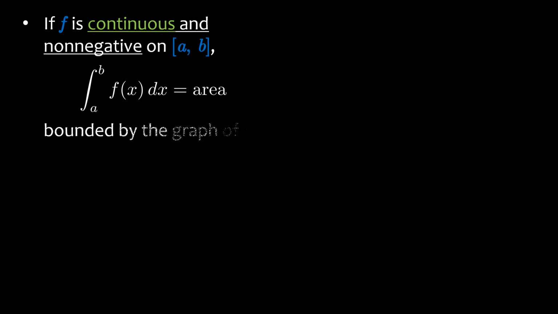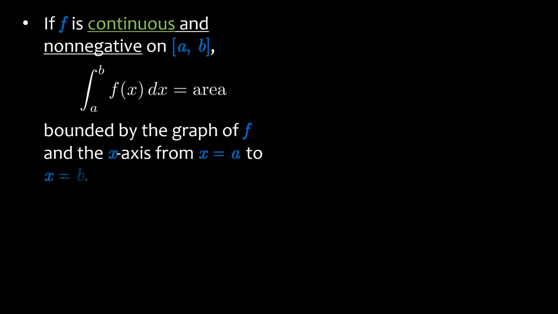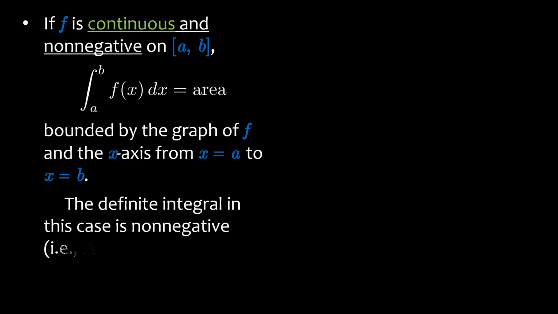Meanwhile, if f is continuous and non-negative on a, b, the definite integral represents the area A of the plane region bounded by the graph of f and the x-axis from x equals a to x equals b. The definite integral in this case is non-negative, in other words, A is greater than or equal to 0.